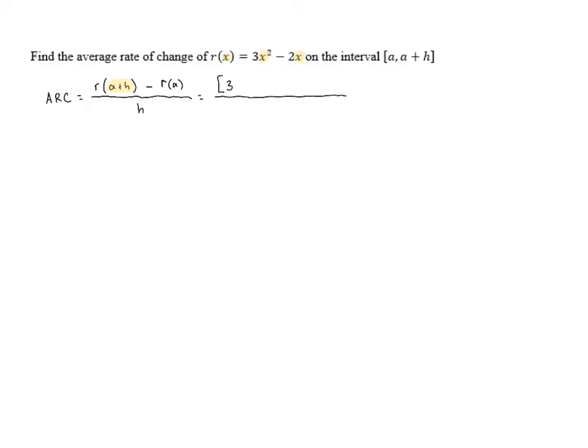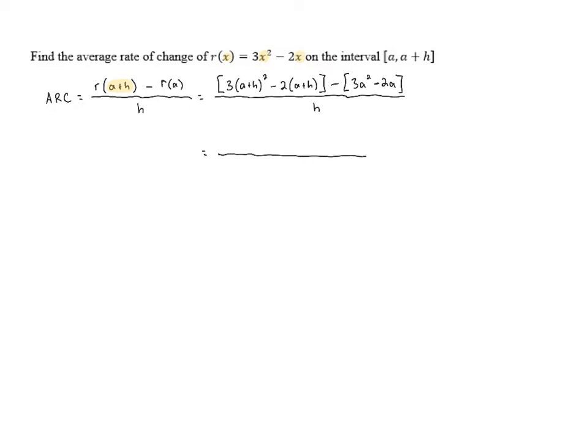We've got 3 times, instead of x, a plus h squared minus 2 times a plus h, and then minus our r of a, which is just going to be 3a squared minus 2a. Now we're replacing our x's with a's. Good. All over h.